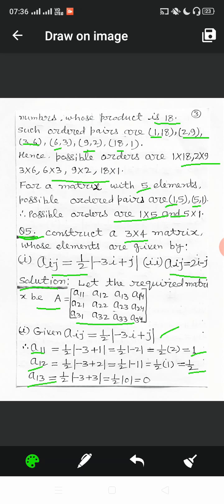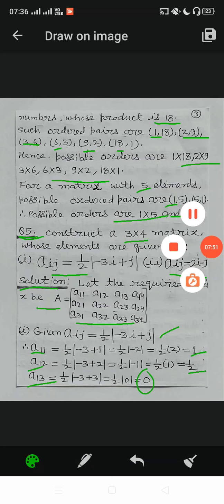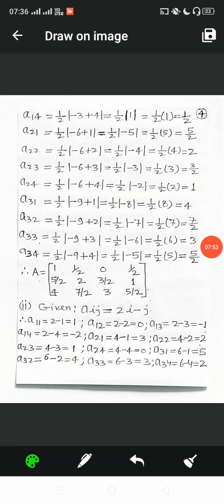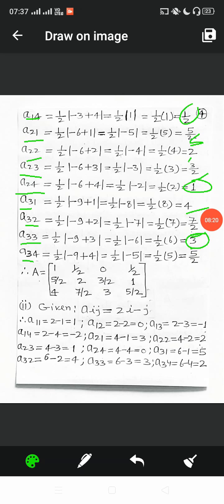Element a13 equal to 0, element a14 equal to 1 by 2, element a21 equal to 5 by 2, a22 equal to 2, a23 equal to 3 by 2, a24 equal to 1, a31 equal to 4, a32 equal to 7 by 2, a33 equal to 3, a34 equal to 5 by 2.